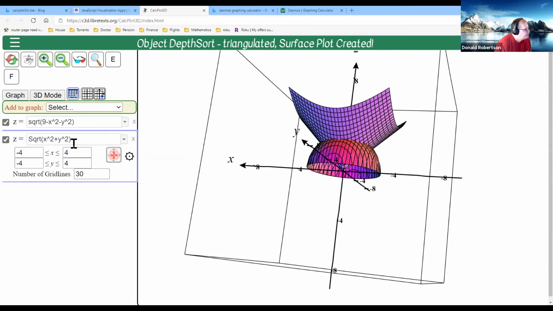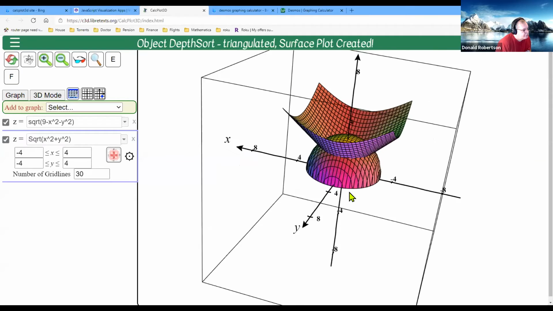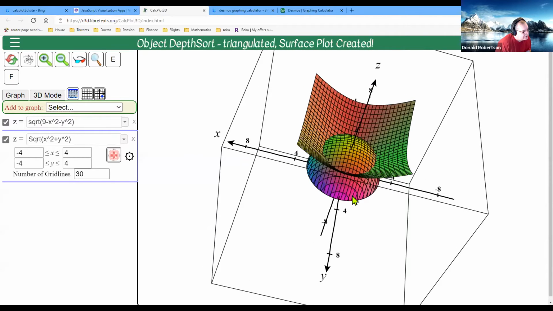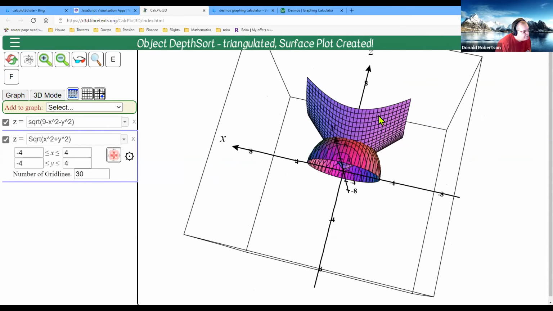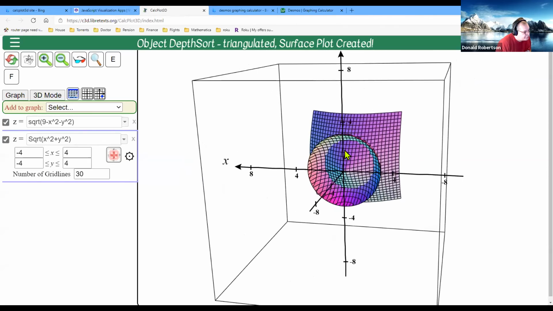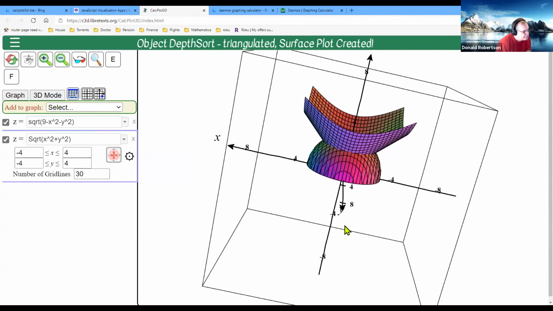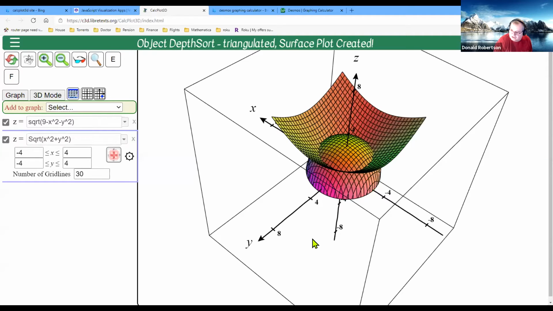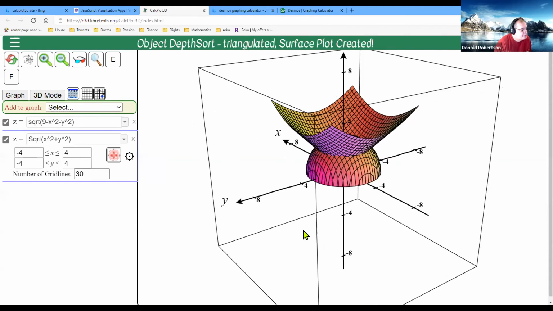The second surface is x squared plus y squared. And these are the 2 surfaces. You see them? Now, it's a bit hard to see, but can you see that one surface meets up with the other surface? Can you imagine then that there's a volume of intersection? Not an area of intersection, but a volume of intersection. And we would like to know what that volume is, right? What number it is. And so a double integral is going to do that.